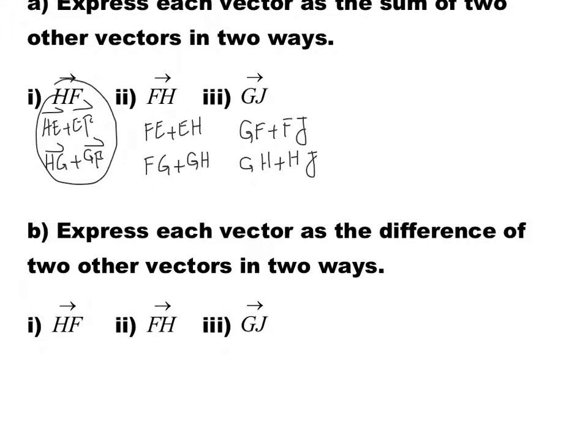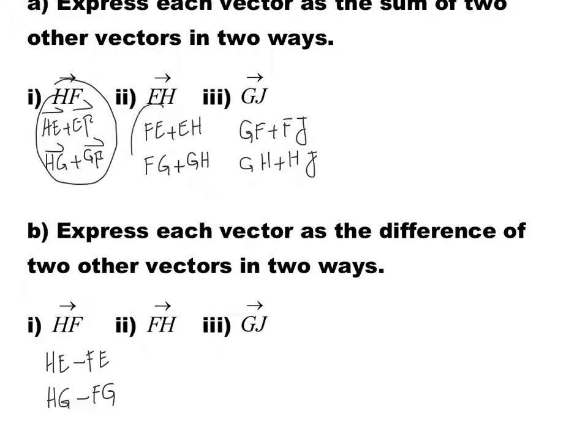So if I use the difference of the vectors, then in the first one I had HE plus EF. Now I can write HE minus FE. For the second one, I'm going to write HG minus FG.